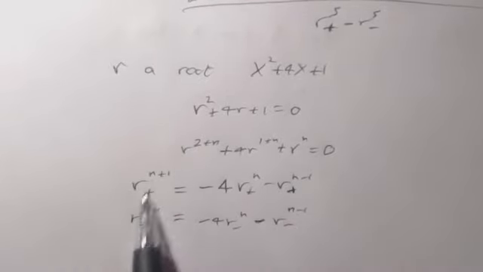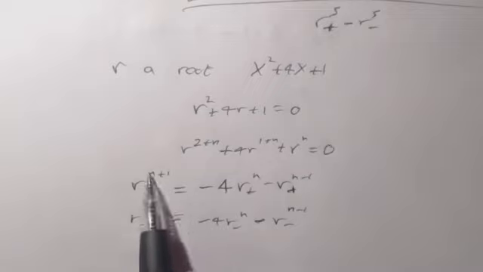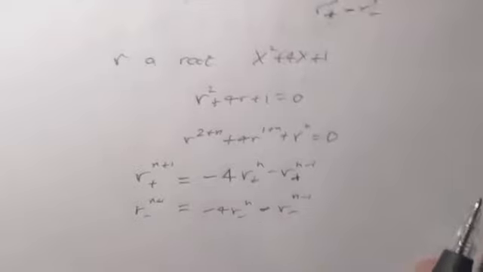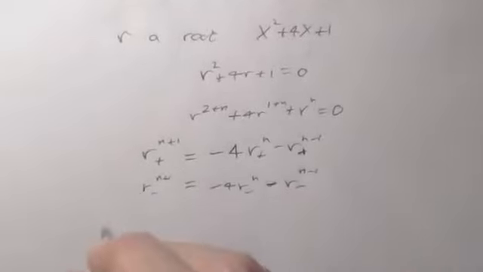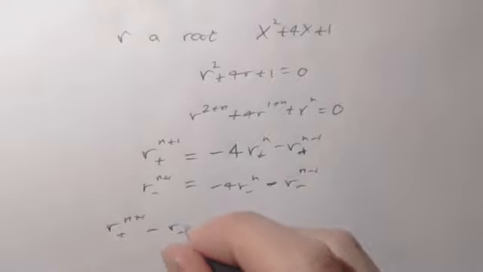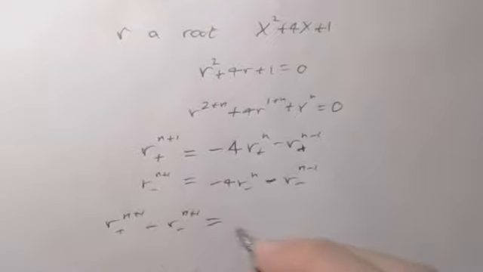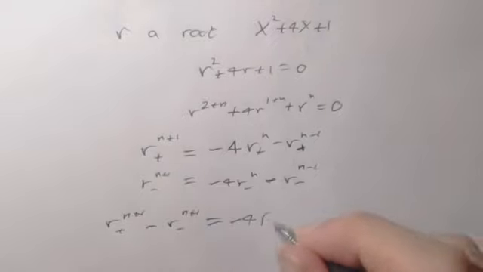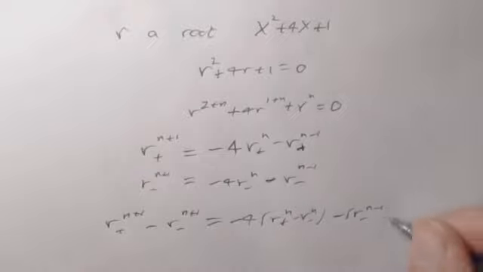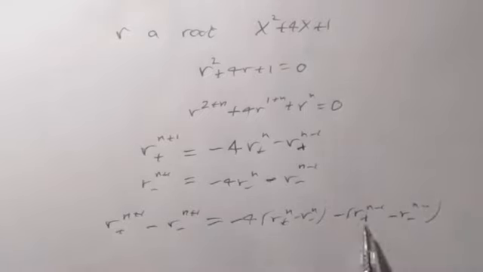And therefore any linear combination of powers of r plus and r minus are going to follow this also. So for example, the difference between them, r plus to the n plus 1 minus r minus to the n plus 1 equals minus 4 times r plus to the n minus r minus to the n, minus r plus to the n minus 1 minus r minus to the n minus 1. That should have been an r plus.